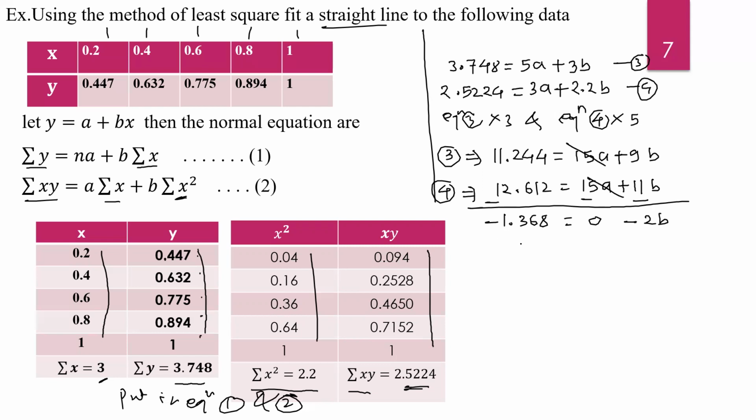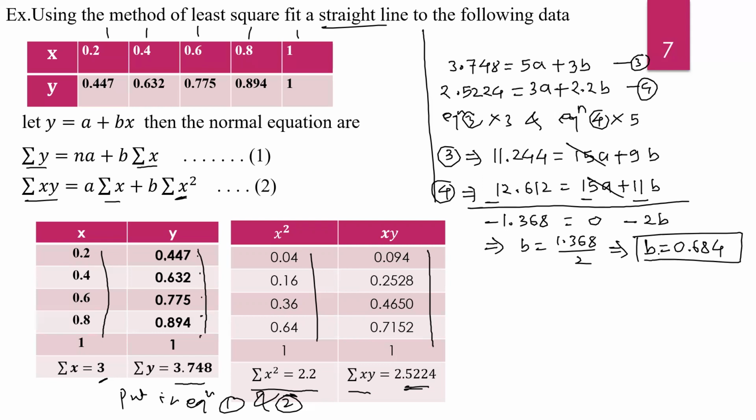The minus sign is cancelled and we divide by 2. Then we get b is equal to 1.368 divided by 2, that is b is equal to 0.684.